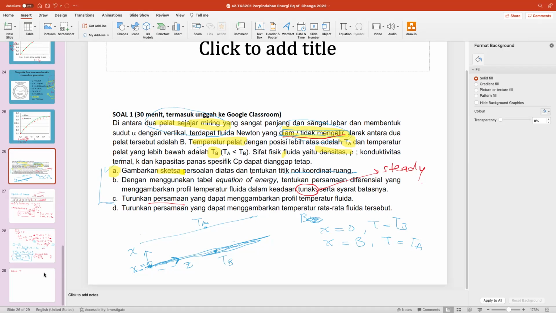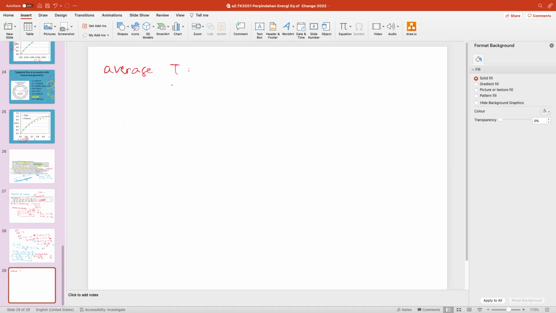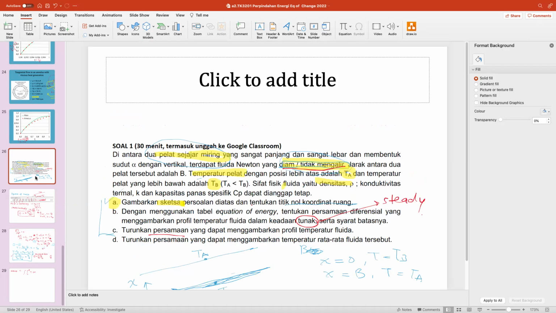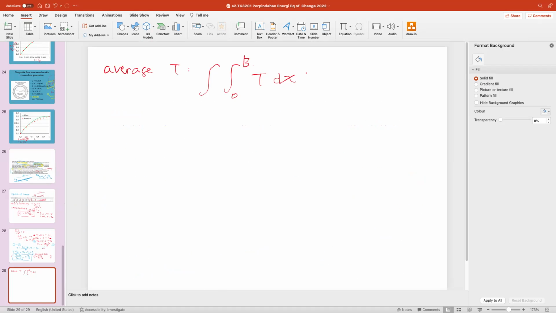Okay, so it looks like the integral of T dx from 0 to b, and then the integral as well to, let's say the length is L, for example, z from 0 to L, to the length.